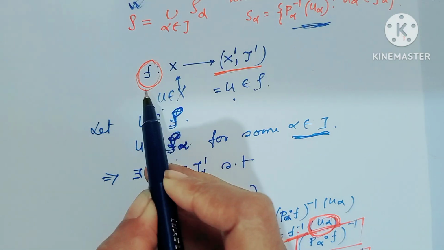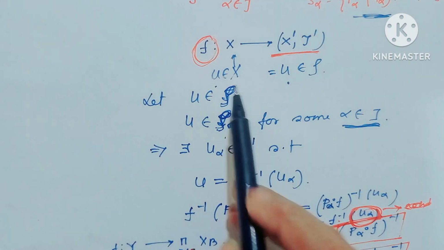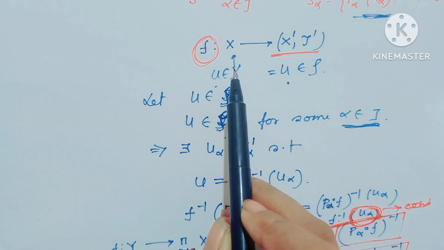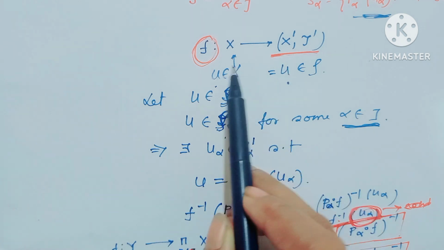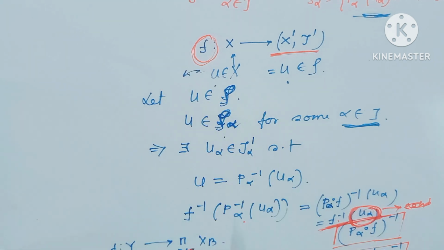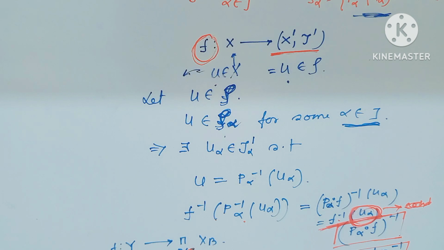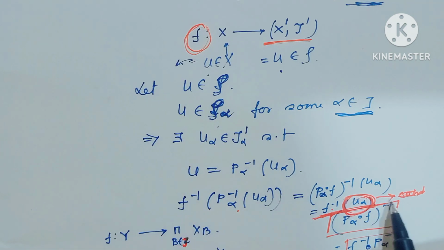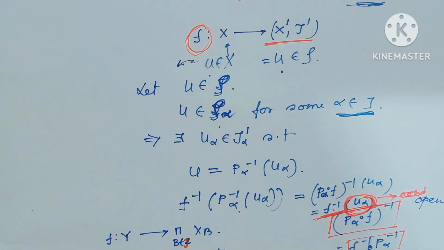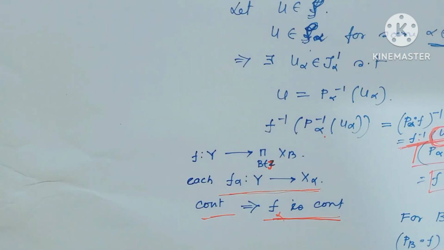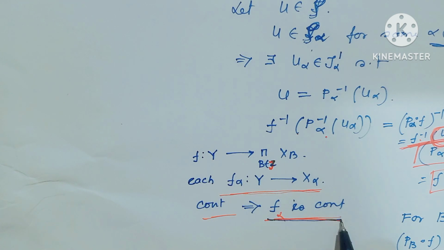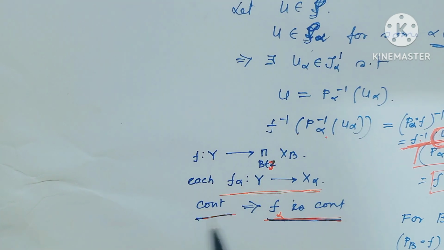So obviously f_alpha inverse of the open set U_alpha is open, since continuous means the inverse image of an open set is always open. This is true because, for mappings into a product, when each f_alpha is continuous, then f is continuous.